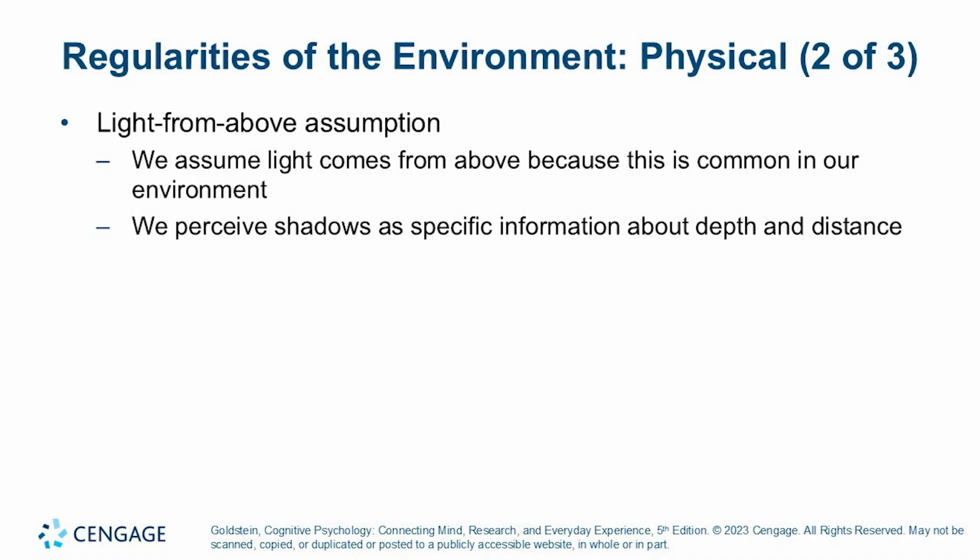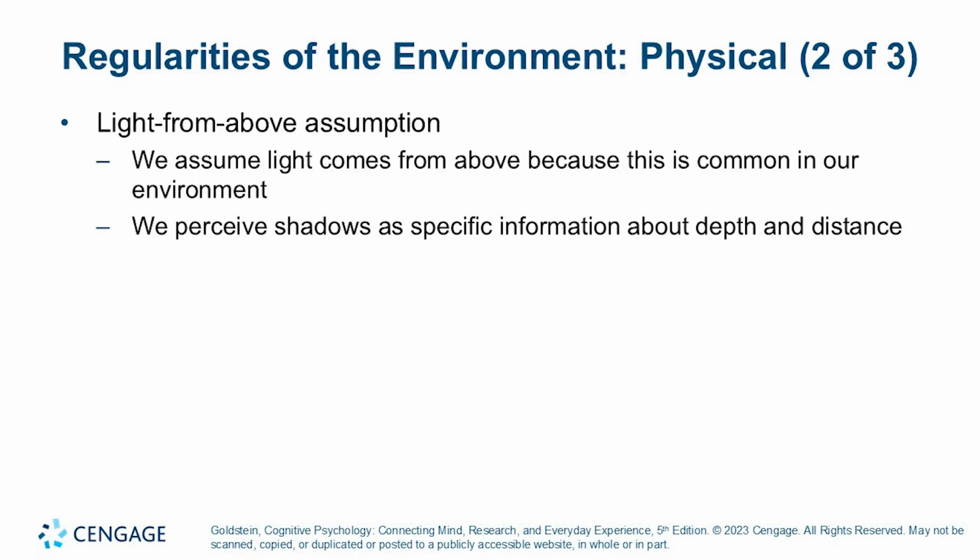Another such regularity that we could learn from the environment is what's known as the light from above assumption. Our brain tends to do this because almost everywhere you look in the environment, lights tend to be positioned above us. If you're outside, the source of illumination, whether it's sunlight or starlight, is coming from above us. And if you're indoors, usually we place all the artificial lights that we have on the ceiling.